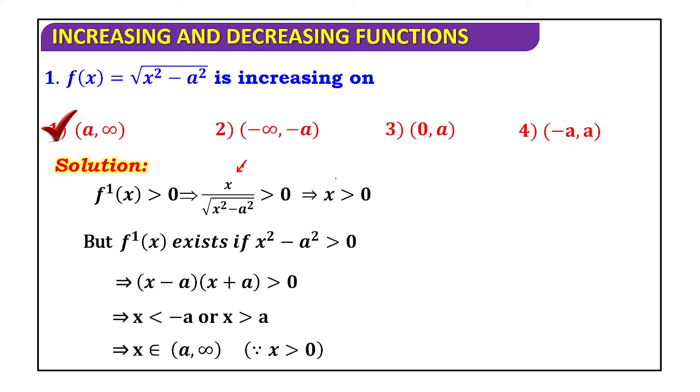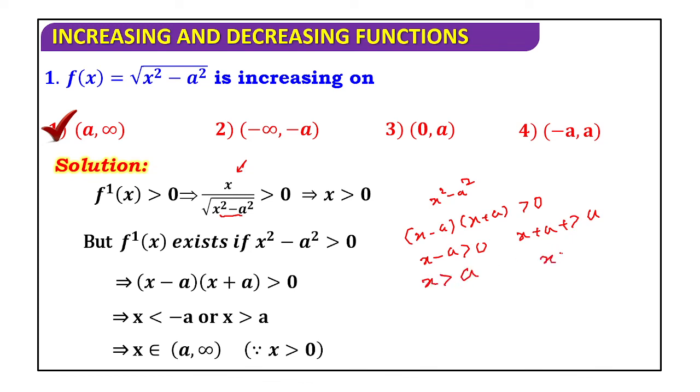So for this, no problem, it can take any values, and you have to simplify this, x square minus a square. So x minus a, x plus a should be greater than 0. If I simplify this separately, you can just see that x should be greater than a, and x should be greater than minus a.